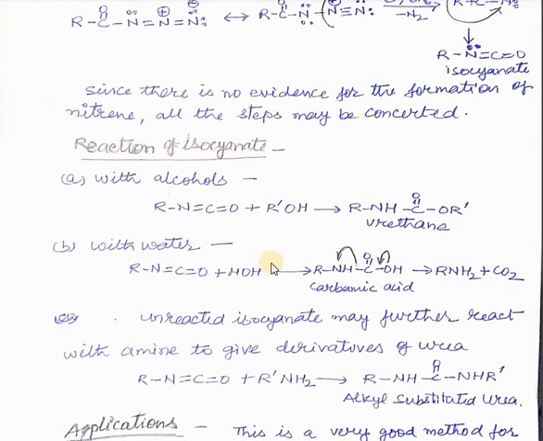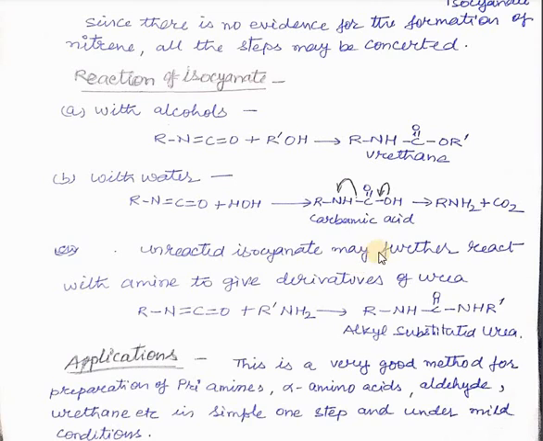Now if excess isocyanate is there, then the isocyanate further reacts with the amine to give substituted ureas. So unreacted isocyanate may further react with the amine to give a derivative of urea.